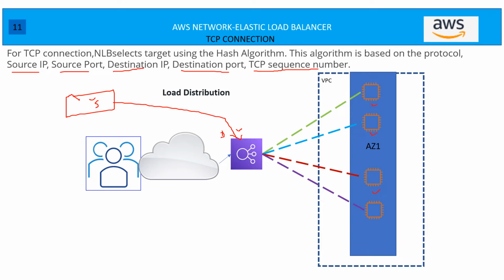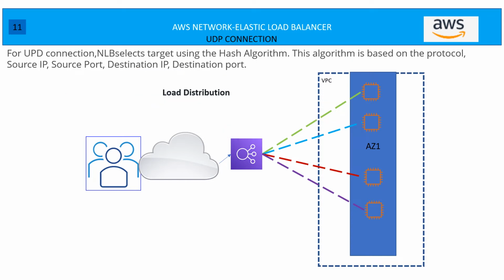So I need some sort of mechanism: if my first request hits this EC2 instance, when I send the next request, it should not go to the old one, rather it should go and do some sort of load balancing. It means it should hit the second EC2 instance. So I need some unique value, and that unique value comes from the TCP sequence number.